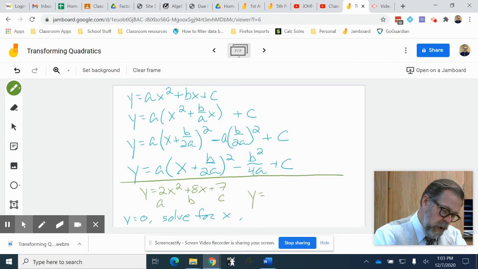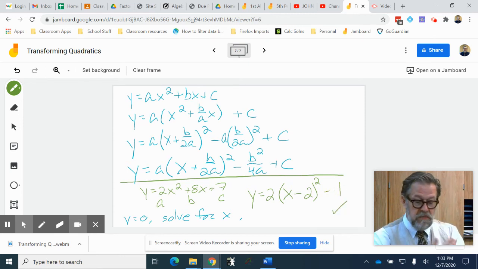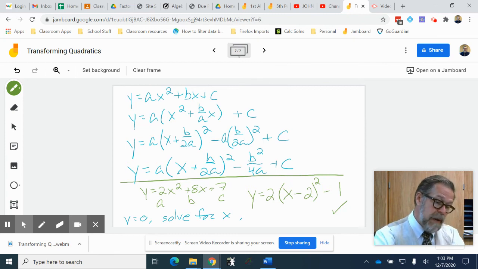I should get y equals a, that's 2, times (x plus 8 over 2 times 2, that's 8 over 4, 2) squared, minus b squared, that's 64, over 4a, that's 8, so minus 8, plus 7 is minus 1. It worked for that example. You can do more examples if you want to double check yourself and see if they come out right.